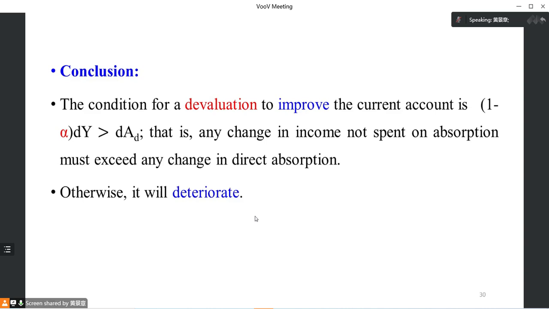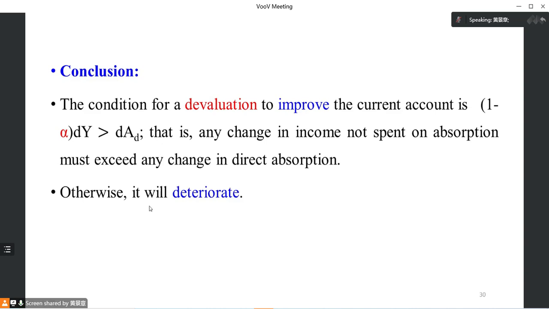From this perspective, we should understand that if we want to improve the current account, we must make (1 minus alpha) dy be more than dAd.